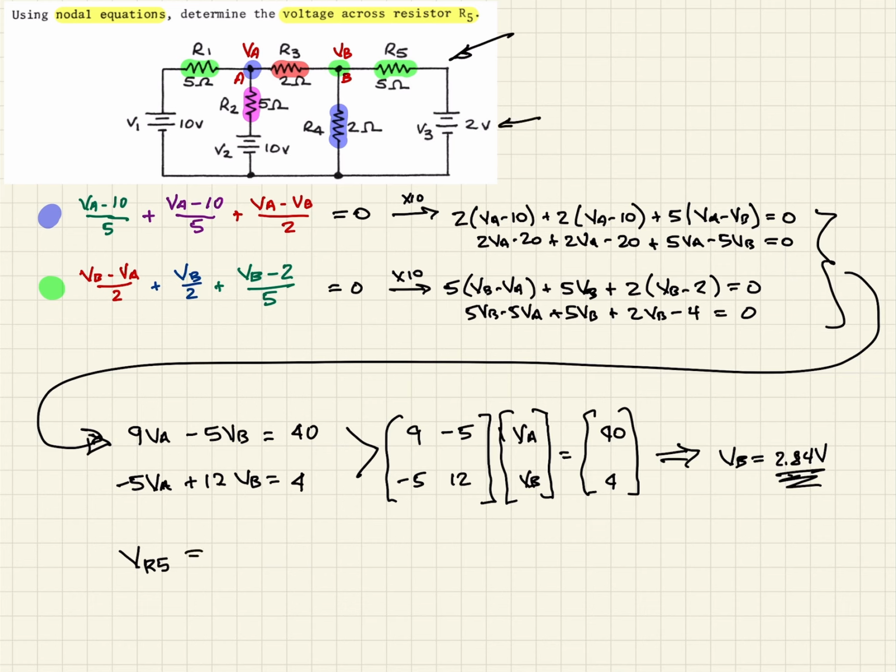So that's equal to VB minus V3, which gives us our voltage. That'll be 2.84 minus 2, so when we subtract that out, we get 0.84 volts. And this is the answer they're looking for. That is the voltage across this resistor.